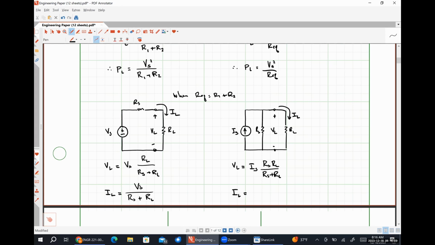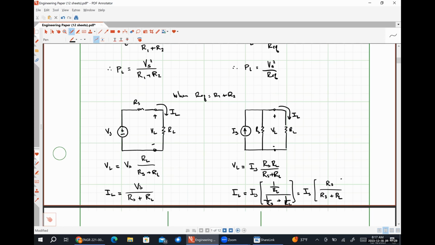We could find IL using current division, right? So that would be IS times 1 over RL divided by 1 over RS plus 1 over RL, which is the same thing as IS times RS over RS plus RL.